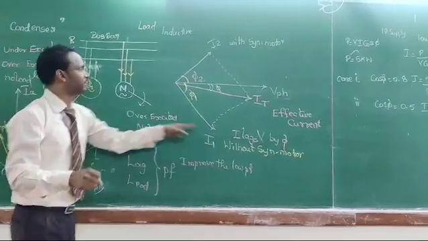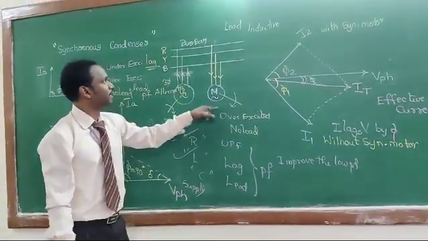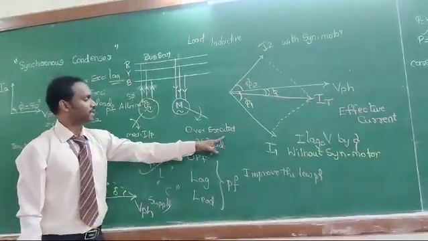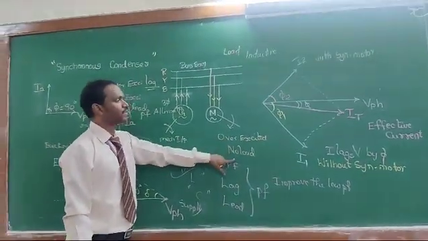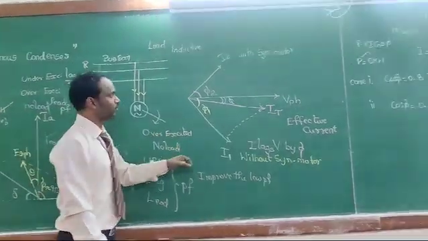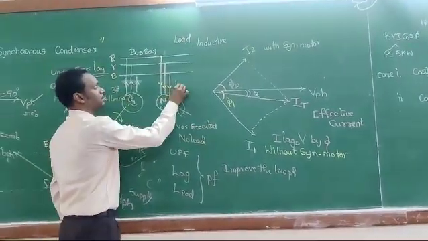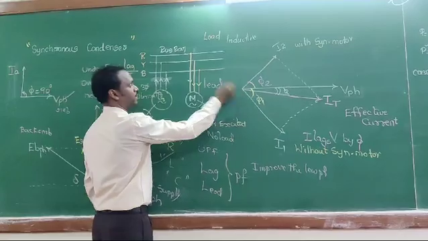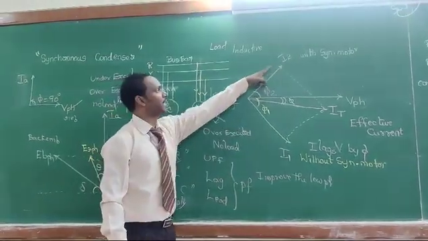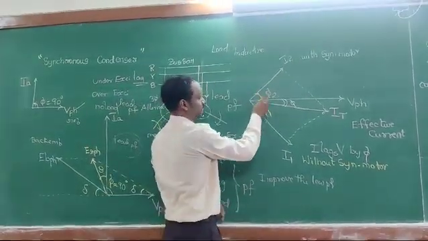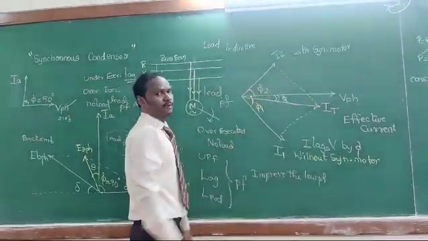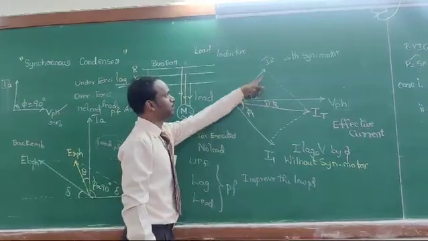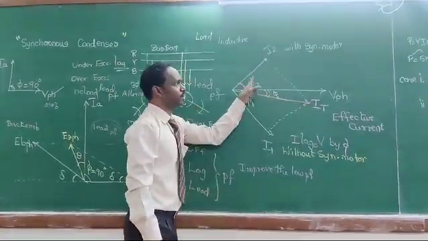Now what we are going to do is connect the synchronous motor to the bus bar for over excitation and no load condition. At that time the current will be a leading current, so the current I2 will lead the voltage by an angle of phi 2.